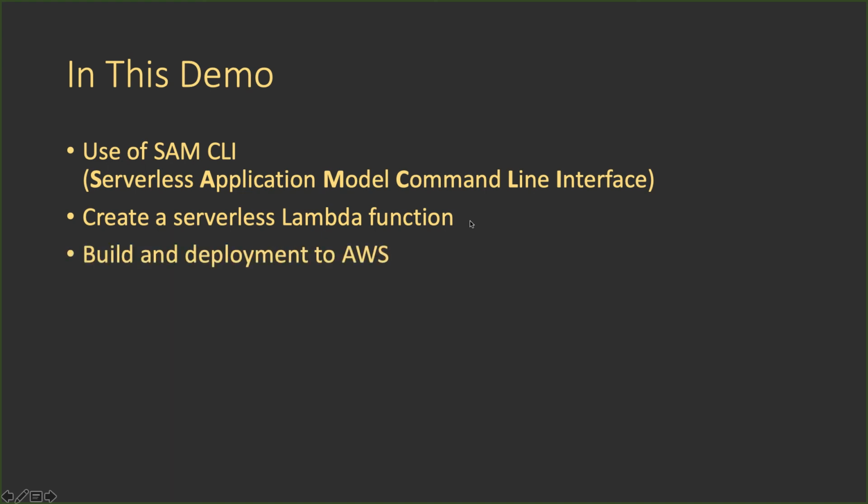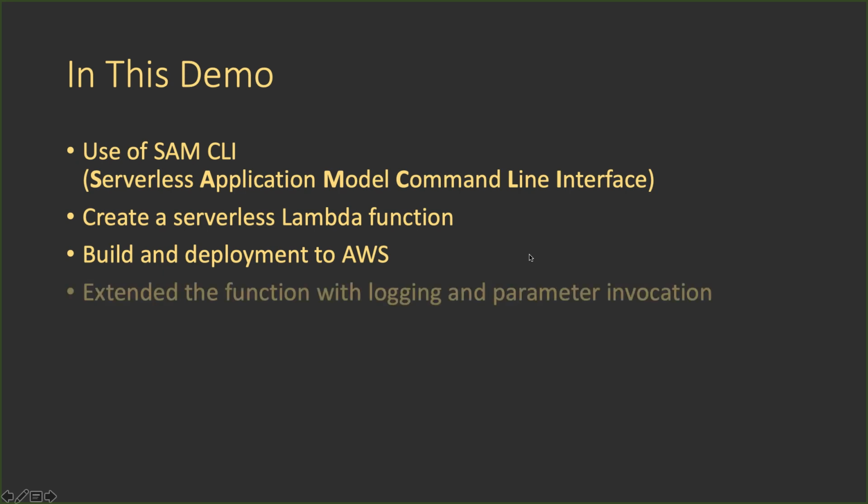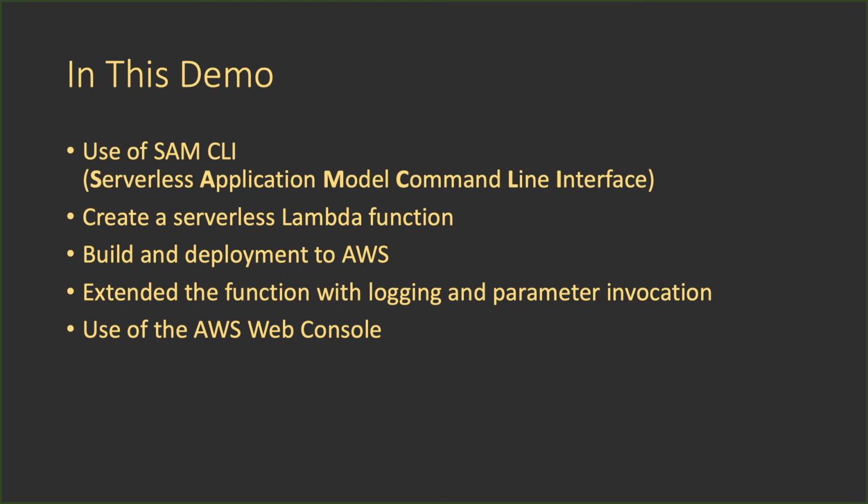We have made the build of this function and we have deployed it to AWS. Finally, we extended the function with logging functionality and we invoked a parameter. For checking the deployment endpoint, the created resources, and to get the log information, we used the AWS Web Console.